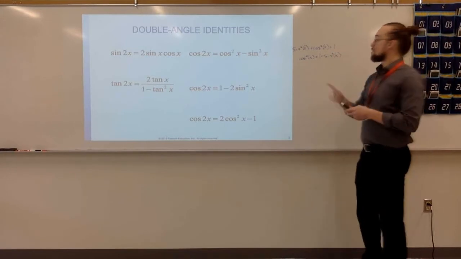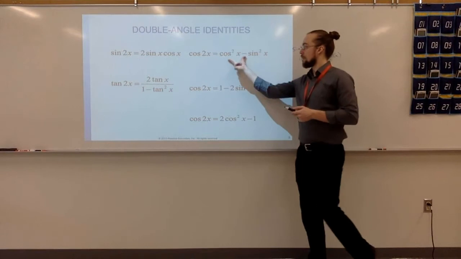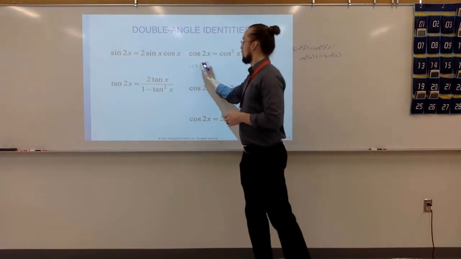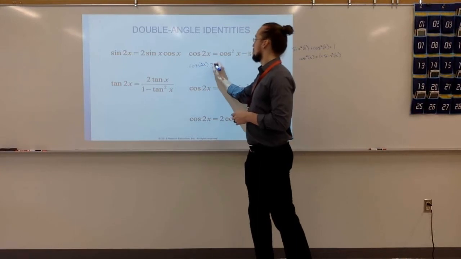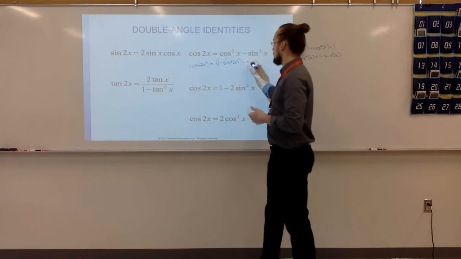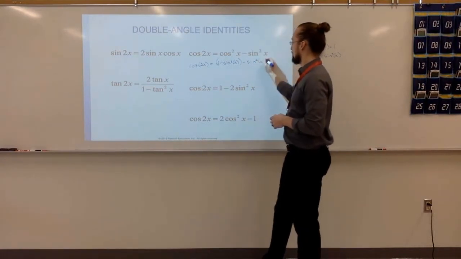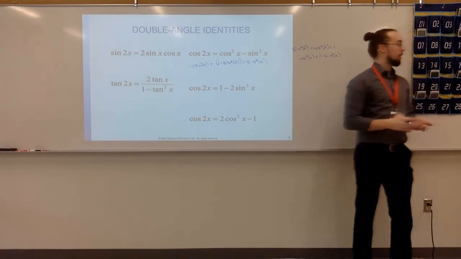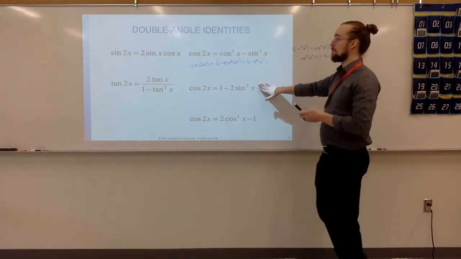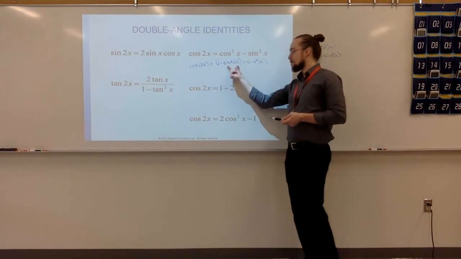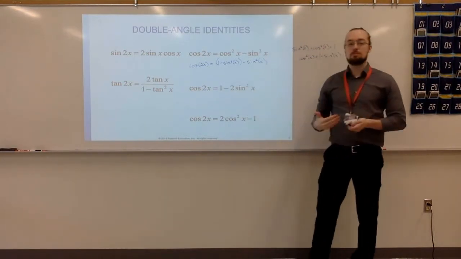So I could substitute 1 minus sine squared in place of cosine squared and make this cosine of 2x equal 1 minus sine squared of x minus sine squared of x. So that's how we get this second form of the double angle identity for cosine. We've got 1 minus sine squared, so that would just be minus 2 sine squared.